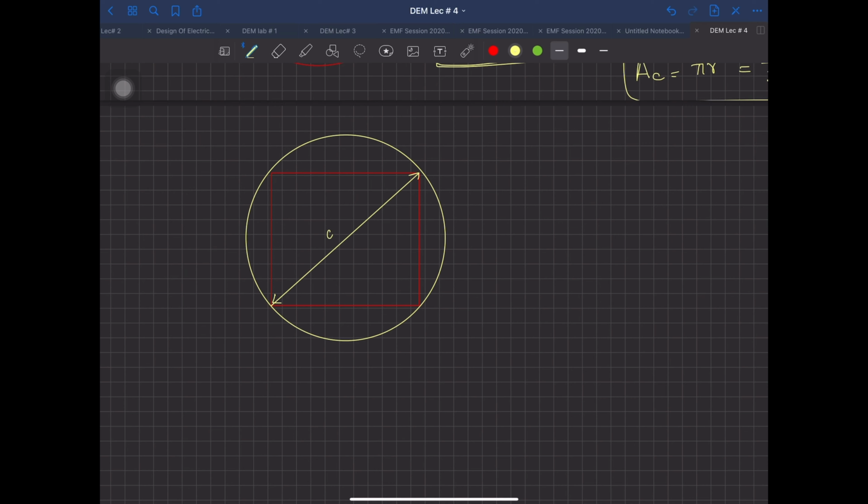This is the diameter, and certainly this is a square. So if I want to make the dimensions over here, this one would be A, and since this is a square, this one is also A. So now the area of the core which is coming out is A square.